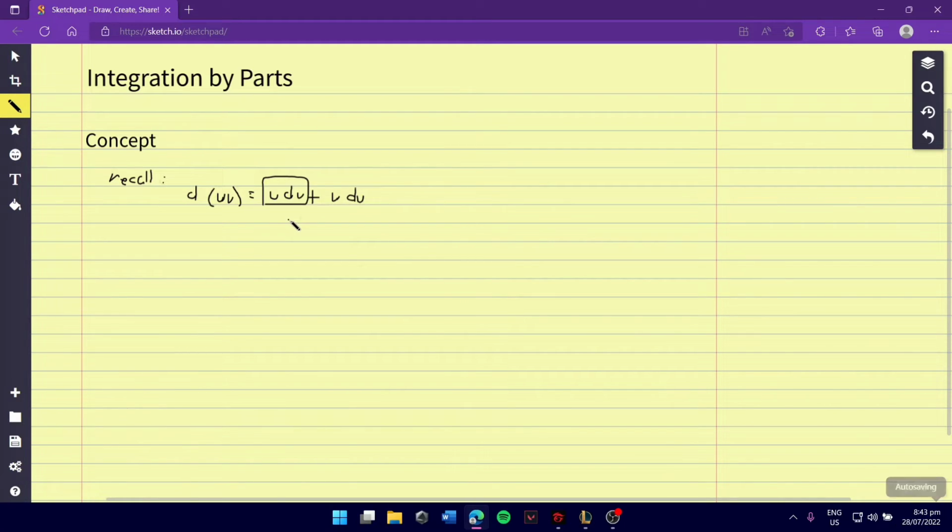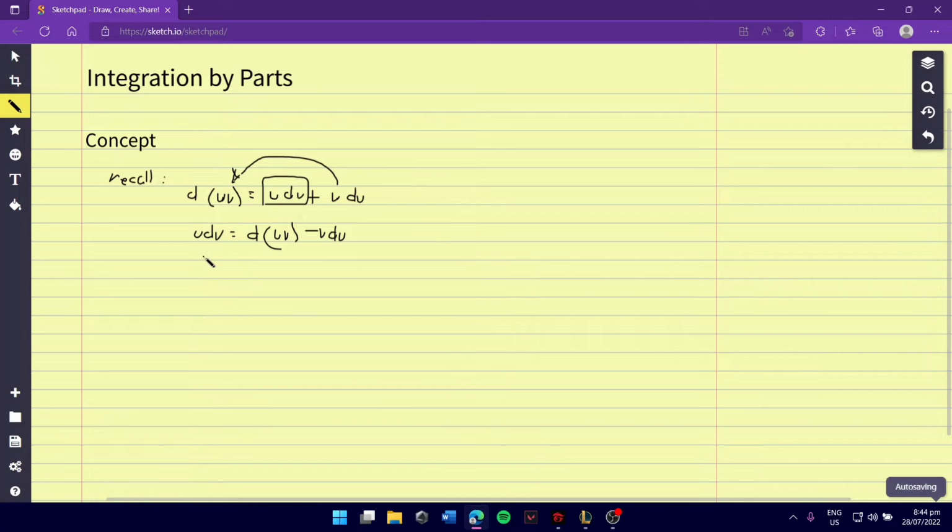If we are going to integrate both sides, before integrating, we will put u dv here, and then we will transpose this to the other side. So the sign of this will be negative. So we have here the derivative of uv minus v du, right?